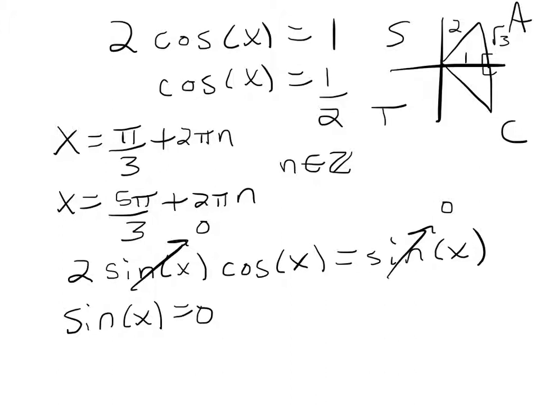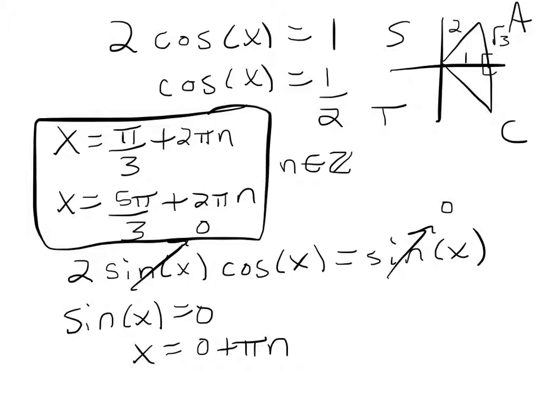Sine is going to be 0 at 0 radians and at pi radians. So x is going to be 0 and pi, or I could just say 0 plus pi n, and that would cover all of my solutions. I've already specified that n is an integer, so there's all my solutions. Again, the key there was that I needed to use an identity in the original equation.